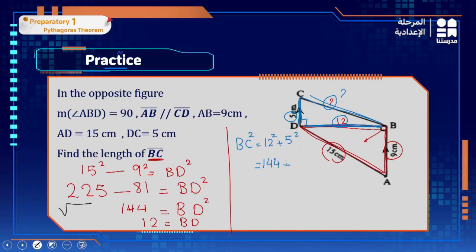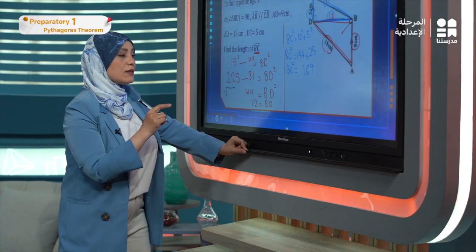Then 5 squared is 25. Add them now, and here we have BC squared. 5 plus 4 is 9, 2 plus 4 is 6. And here 169.